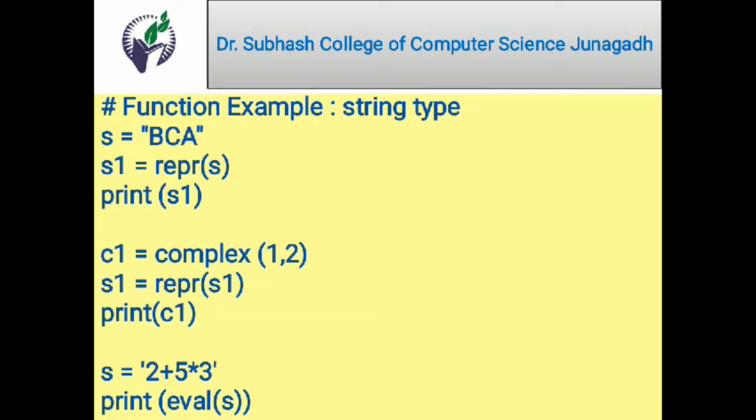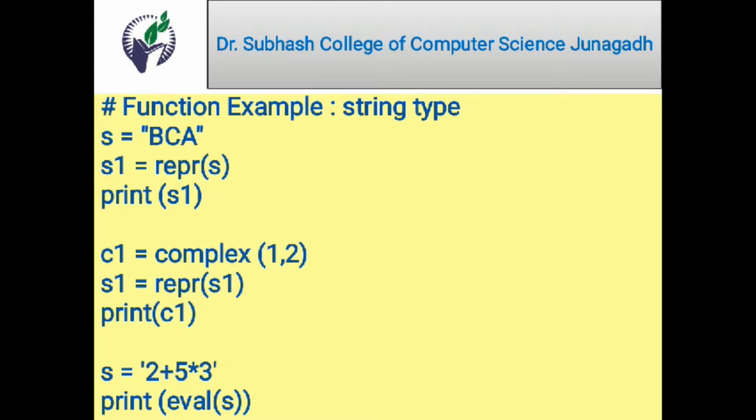And the last one, s equals 2 plus 5 into 3. You know it is a string. We must convert it into a value, and then it is possible to evaluate. Using the eval function, 5 into 3 goes first, as you know the priority. It will first multiply 5 into 3, 15, plus 2, 17. So the output will be 17.